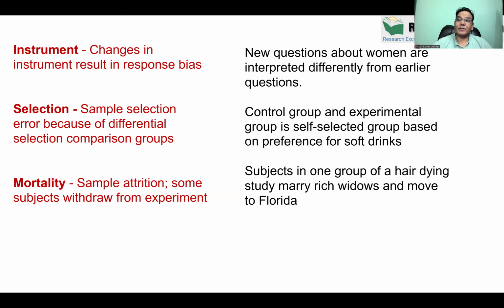Actually, whenever you are doing experiments, you need to anticipate all the problems which can come while conducting the experiment. Controlling all these things is known as controlling extraneous variables.